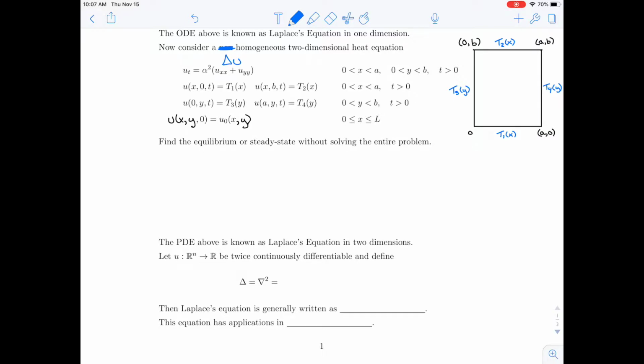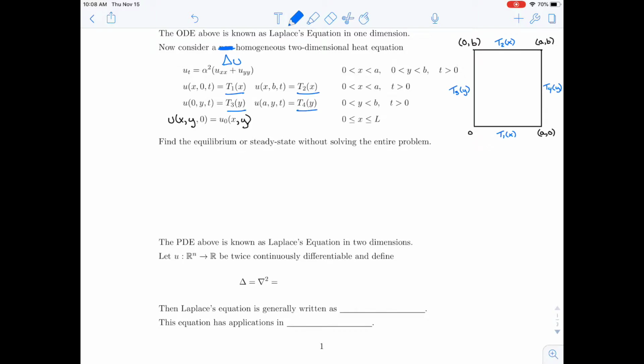On the left side, we'll hold the temperature fixed at T3, possibly depending on y. And on the right side, we'll hold the temperature fixed at T4, also possibly depending on y. So those 4 boundary conditions will correspond to the 4 spatial derivatives. The initial condition will be u of x, y, comma 0 is equal to some function of x and y.